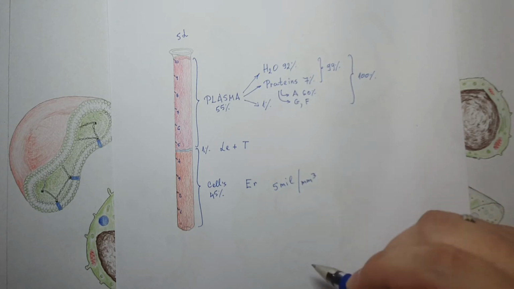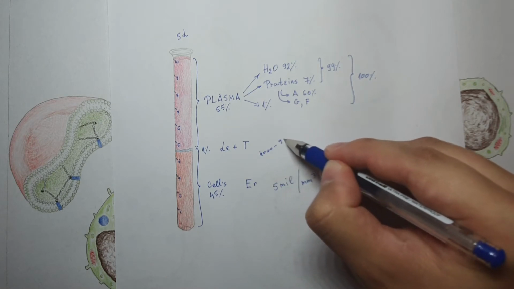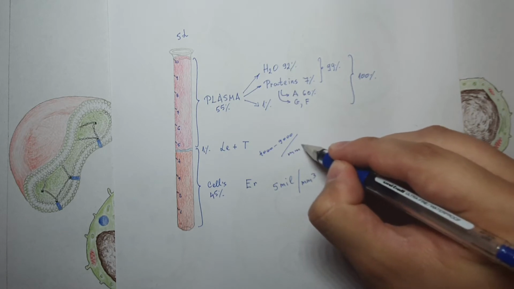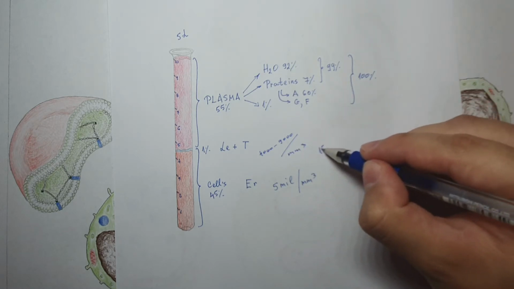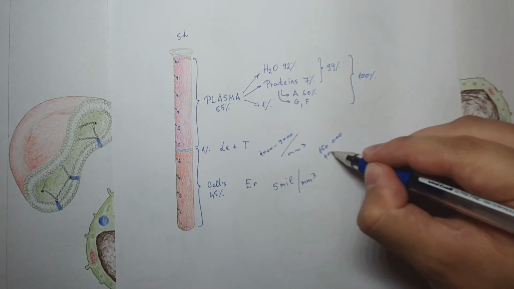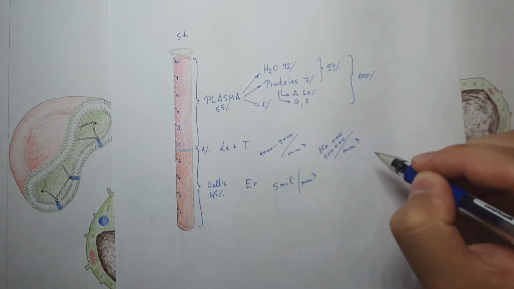There are 4,000 to 9,000 leukocytes in a cubic millimeter of blood, and there are about 150,000 to 400,000 thrombocytes in a cubic millimeter of blood.